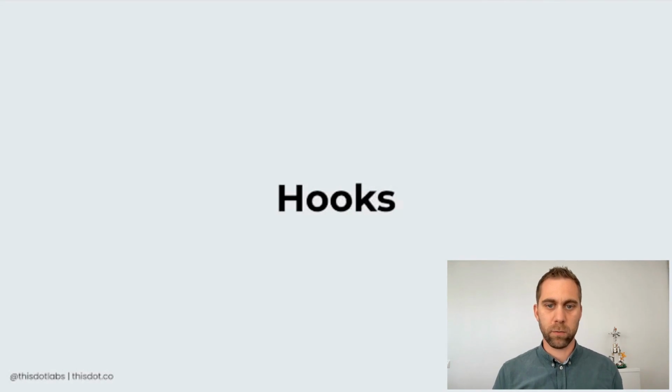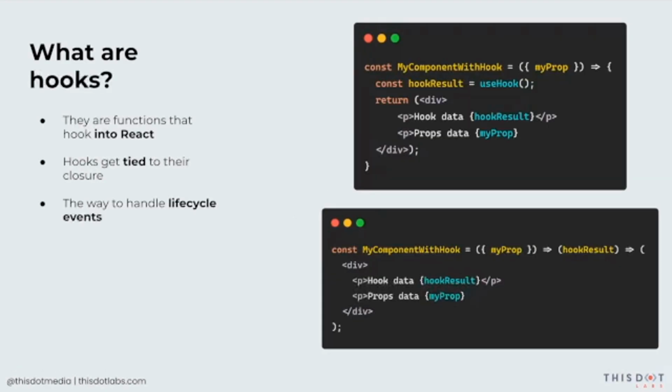In this module, we'll be going into hooks. In the past module, we went into creating our React components, and hooks allow us to make more complex components. So what are they? Hooks are functions that hook into React, as the name suggested.